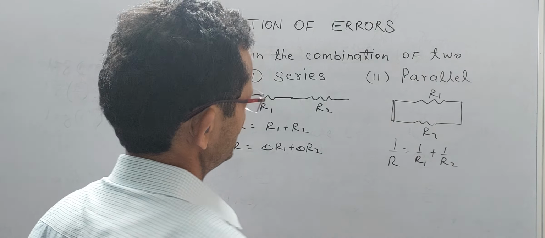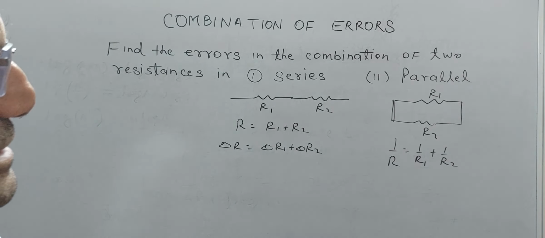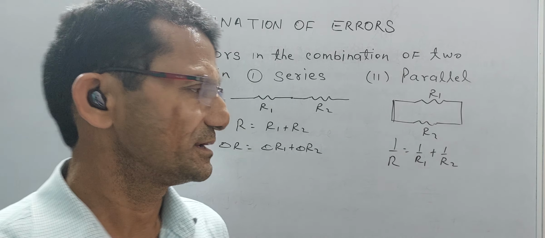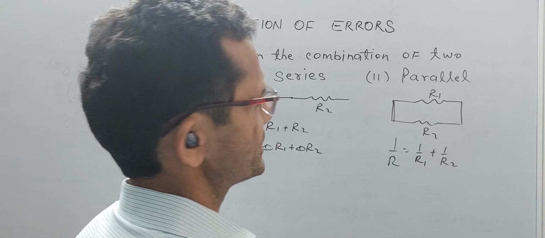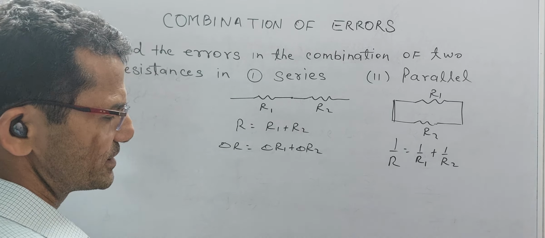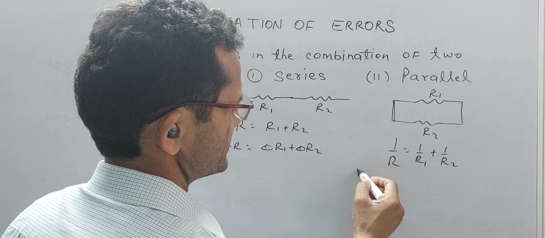Now for finding the errors when the resistances are in parallel, we have to differentiate this one by the method of differentiation. Now first differentiate this.